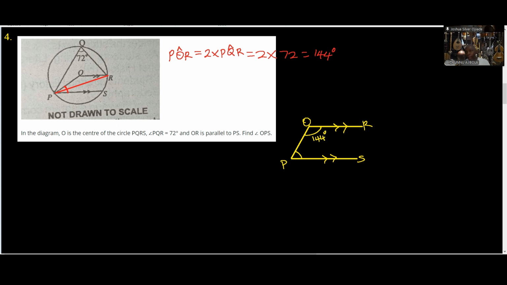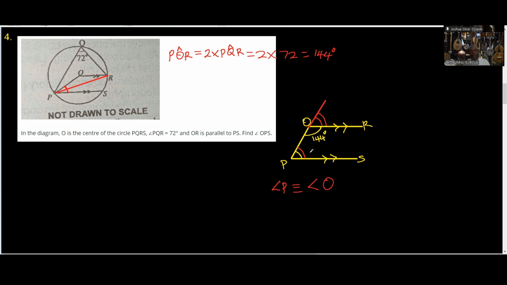So if I extend this yellow line this way, I will see that the angle at P that I'm looking for is corresponding to angle at O, which means this angle will be corresponding to this angle.